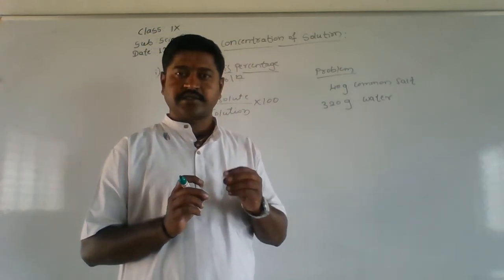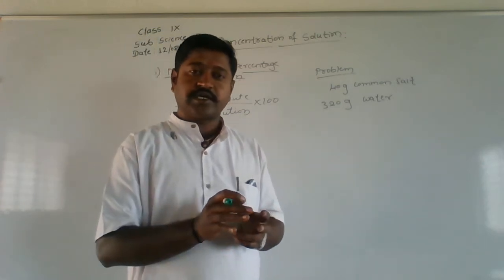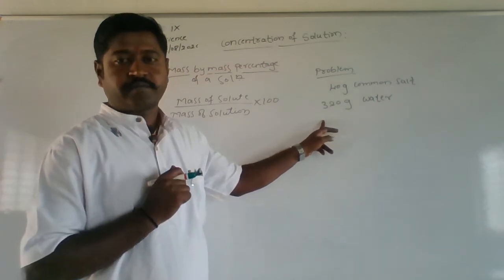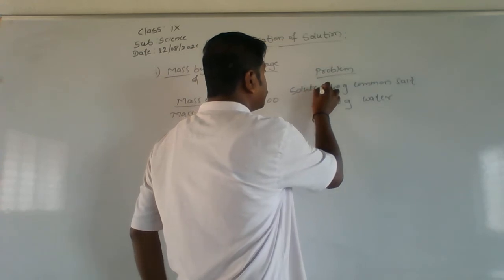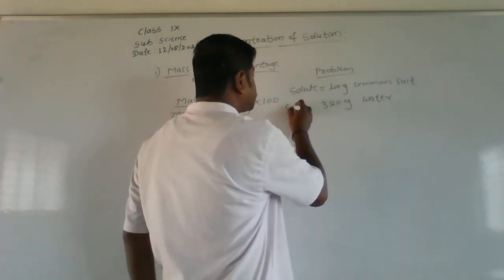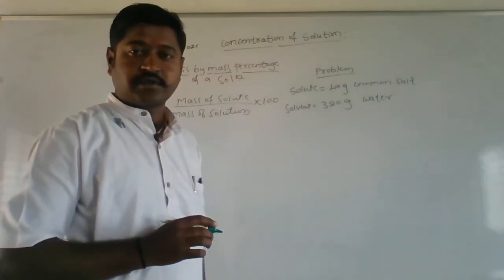But how much common salt is there? 40 gram. And how much water is there? 320 gram. So here solute is 40 gram common salt and solvent is 320 gram water.